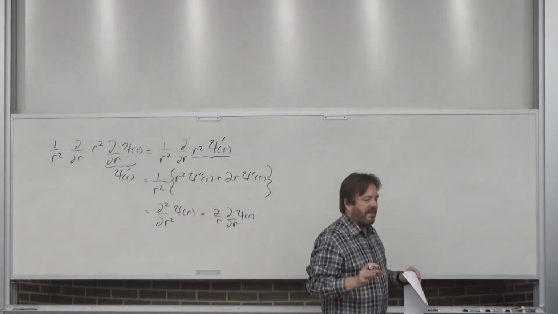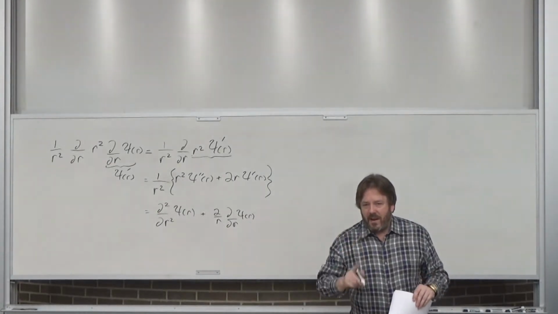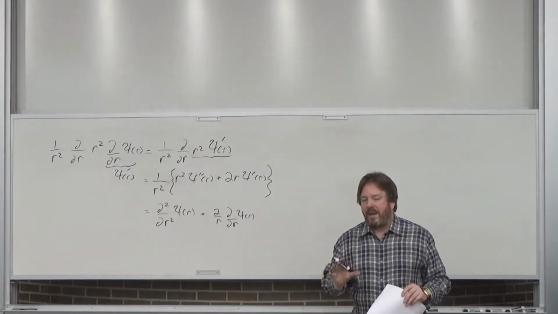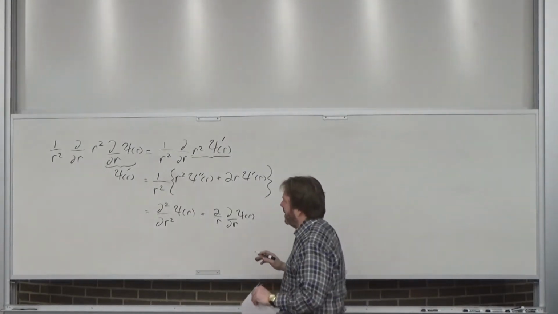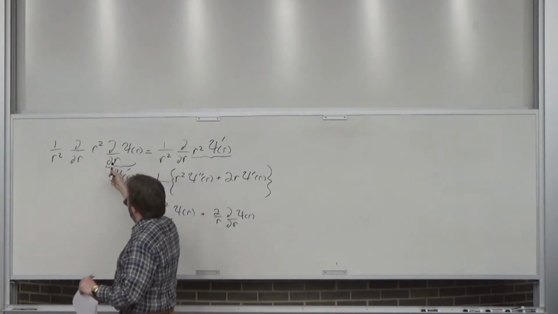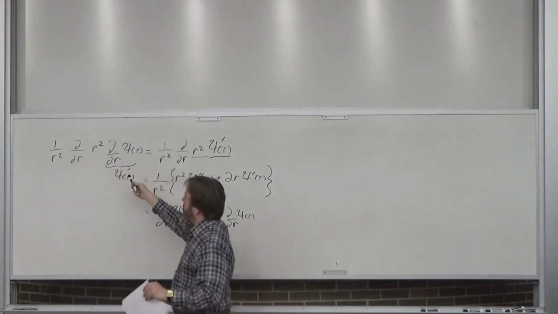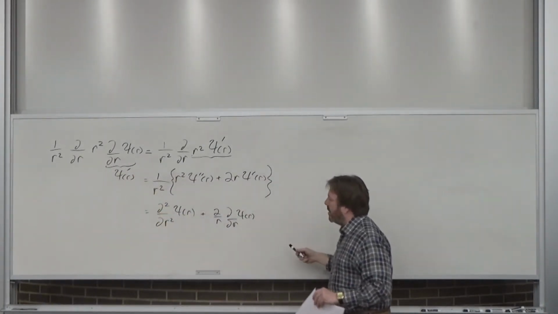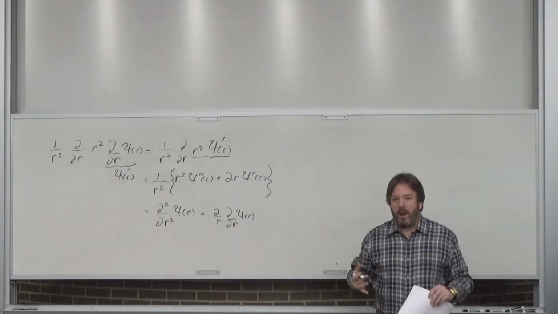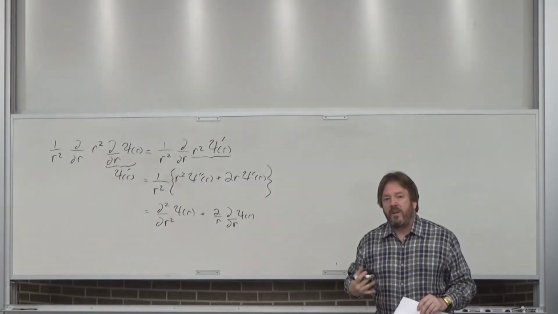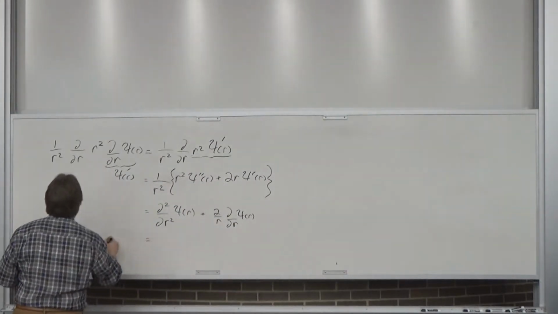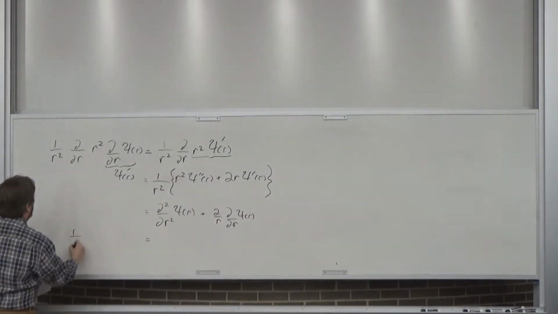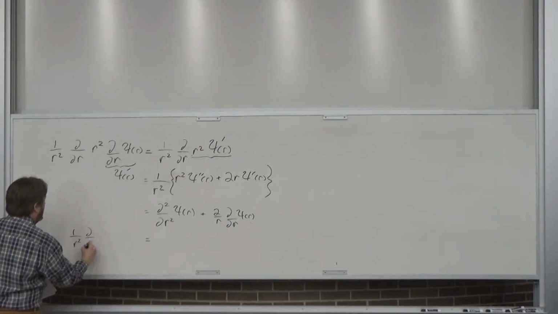Now, the last bit. Every now and then, someone will mess this up, and that's kind of sad, because this is easy. Recall that I made this translation of this operator to this operator by applying a dummy wave function. What I'm going to do is undo that. So here I've just got the operator 1 over r squared, just what I had before.